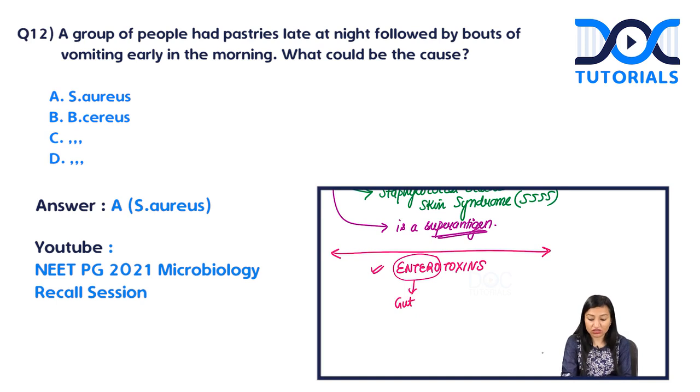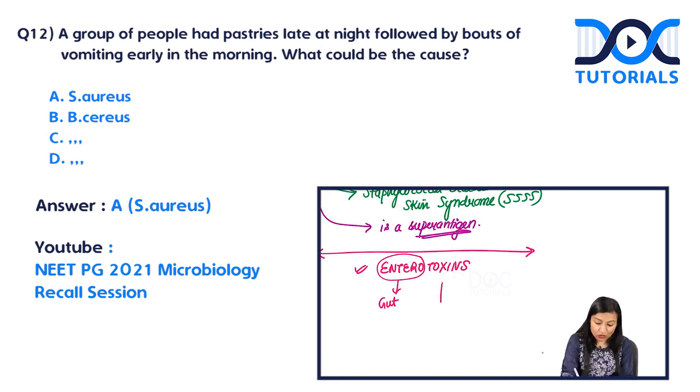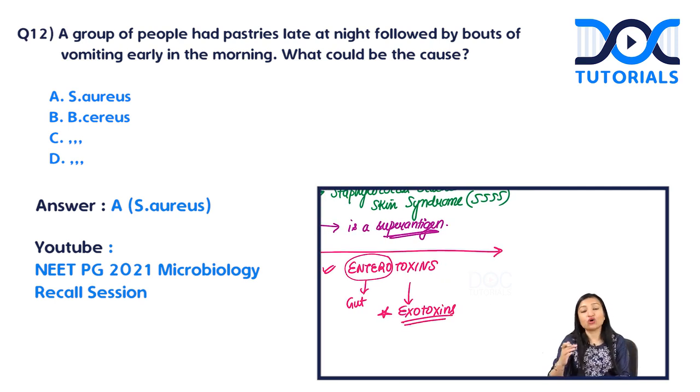They act on the intestines, and the first point you need to remember is that enterotoxins are exotoxins. Exotoxin and endotoxin we have discussed in virulence factors in general micro. Exotoxins are proteins in nature, and proteins are heat labile.